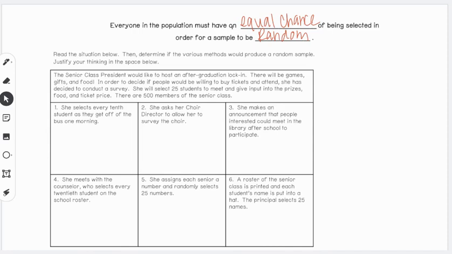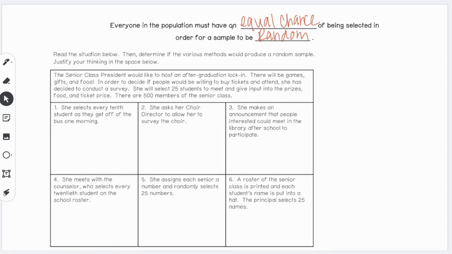Now, these 6 scenarios here are ways that she could conduct the survey. So number 1 says she selects every 10th student as they get off the bus in the morning. And we want to know if that's random. So does every senior have an equal chance of being selected?